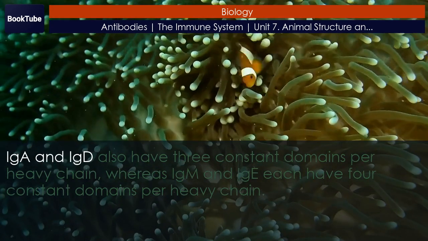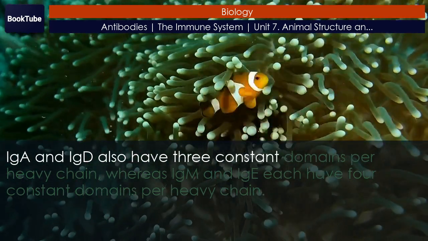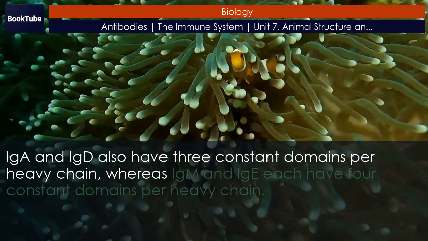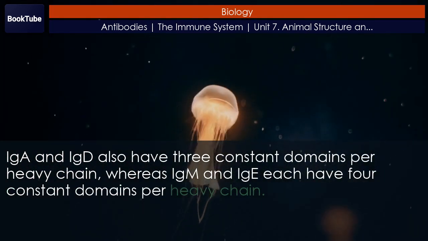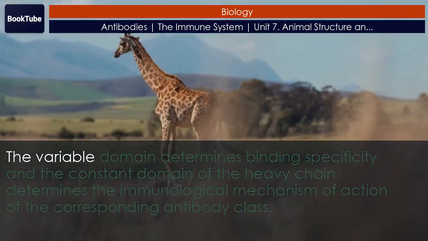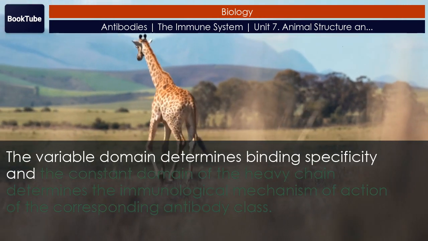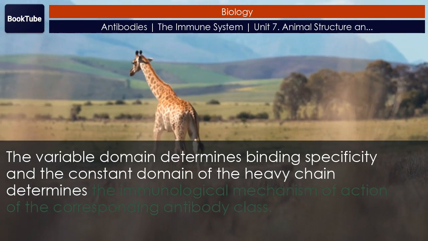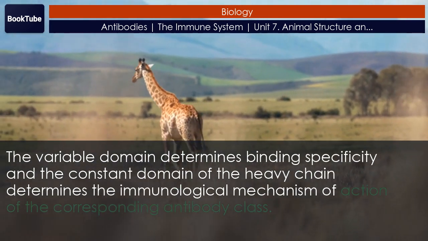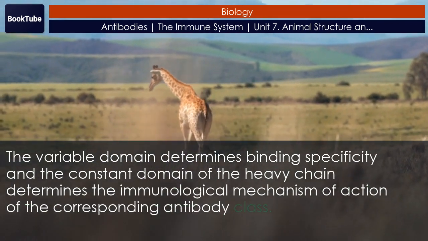IgA and IgD also have 3 constant domains per heavy chain, whereas IgM and IgE each have 4 constant domains per heavy chain. The variable domain determines binding specificity, and the constant domain of the heavy chain determines the immunological mechanism of action of the corresponding antibody class.